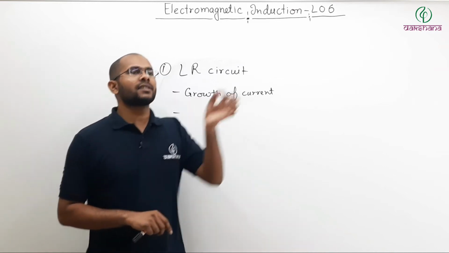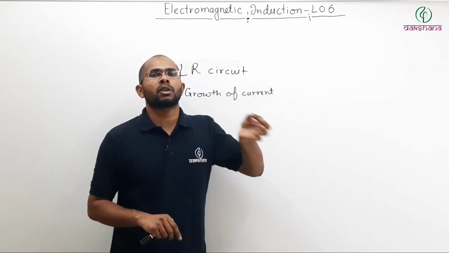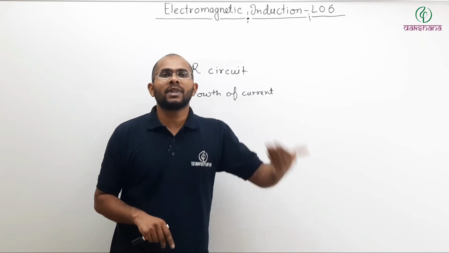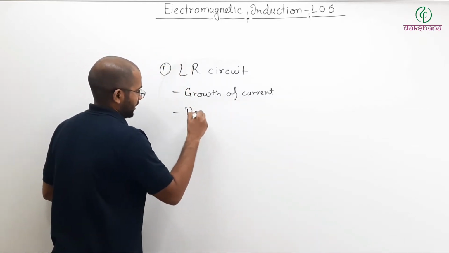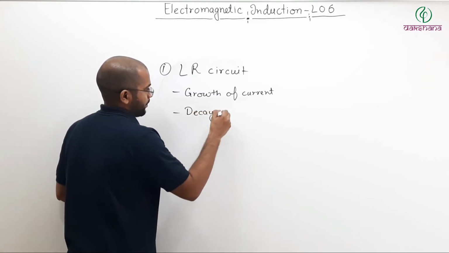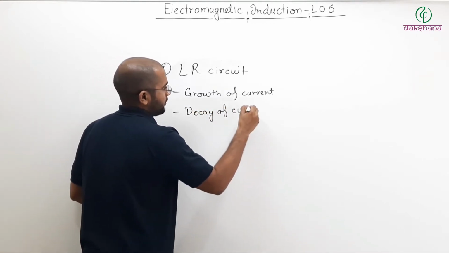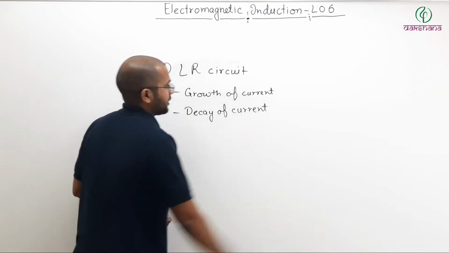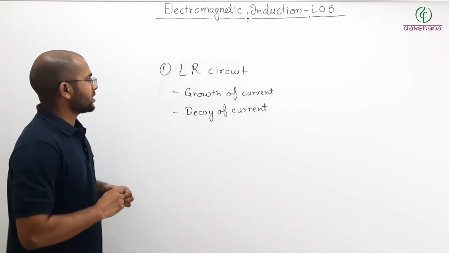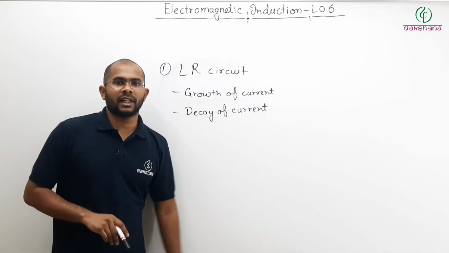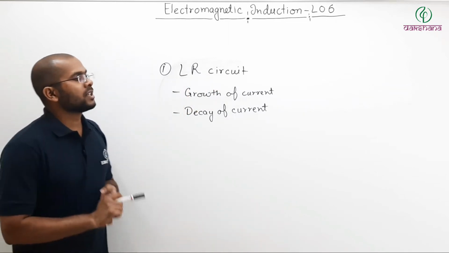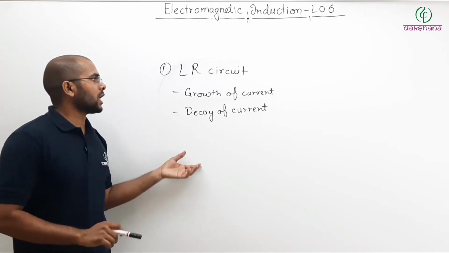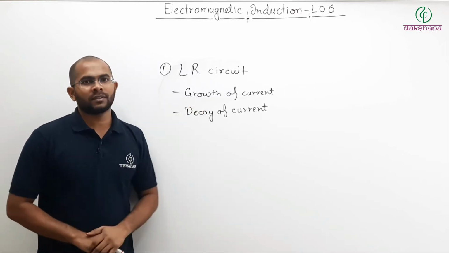But since there is an inductor, a long solenoid, current would not immediately become zero. So we will talk about decay of current. These are the two topics, growth of current and decay of current in an LR circuit, that we are going to talk about in this lecture. Pause the video, note down, then we will start with growth of current.